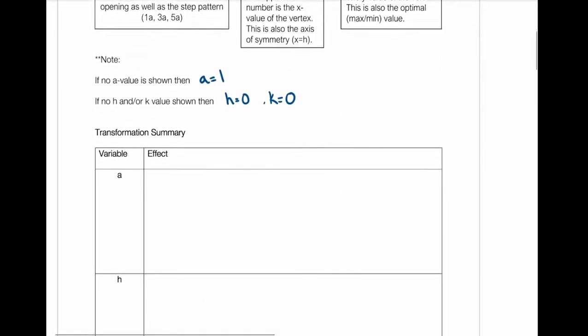As a review of the transformations, this is what we looked at in the investigation, looking at Desmos. We found that when a is greater than 1, we have a vertical stretch. When a was greater than 0 but less than 1, or basically a fraction, we had a vertical compression.